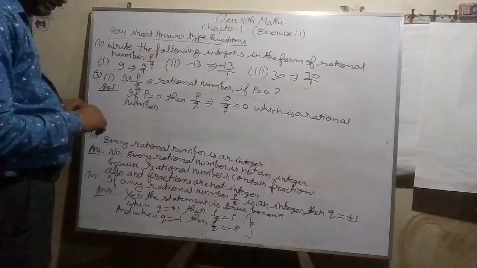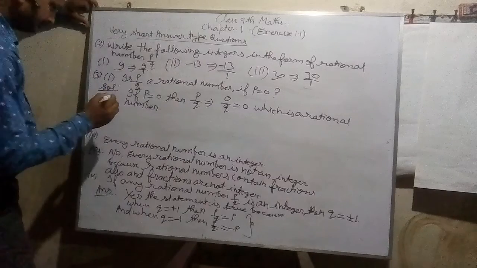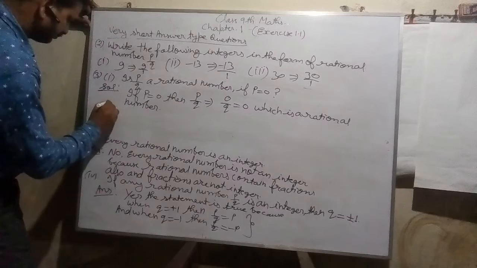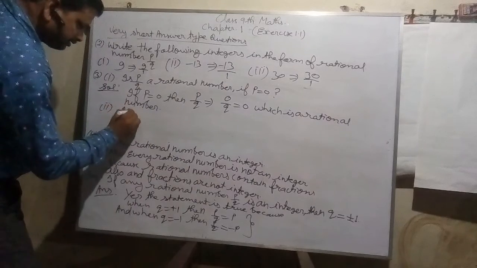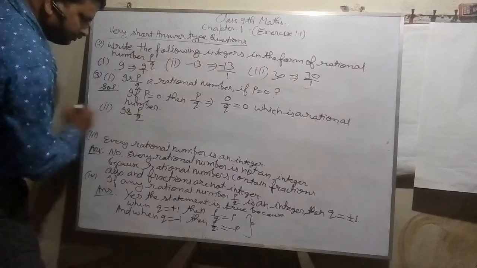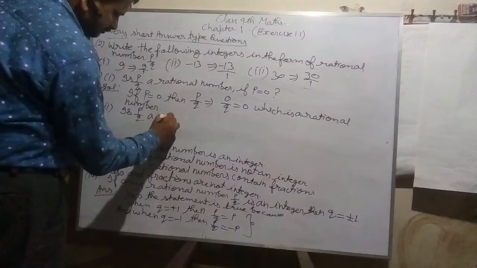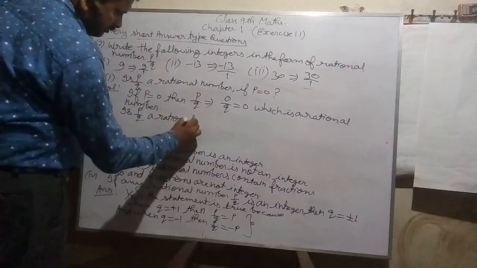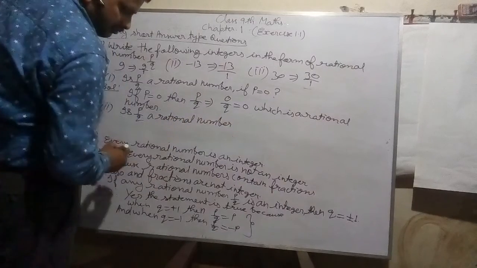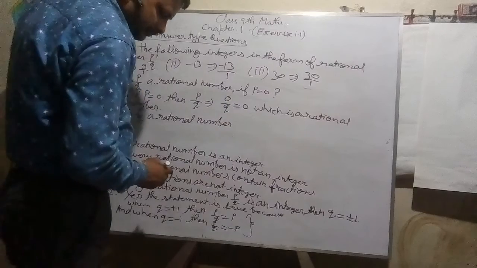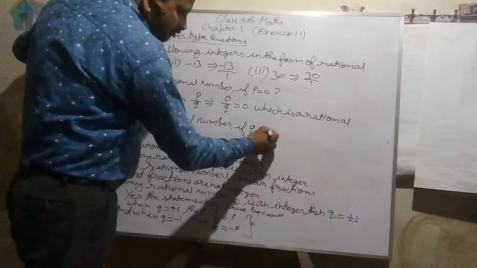Second part of third question: is p by q a rational number if q equal to 0?